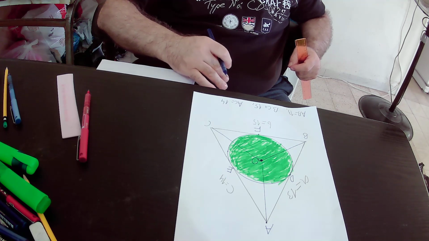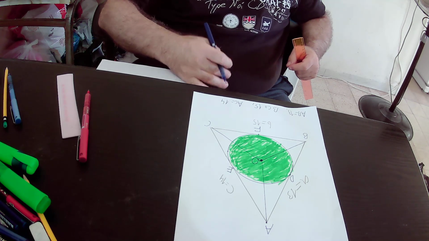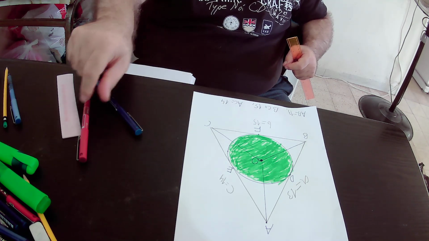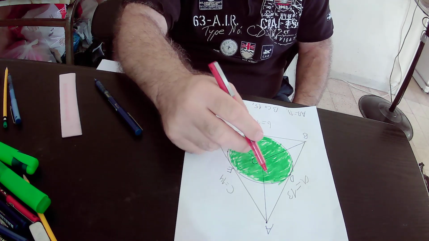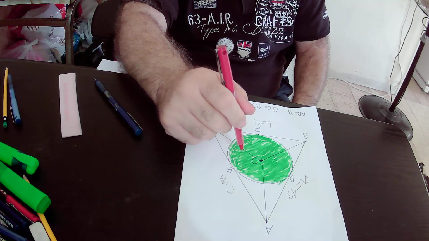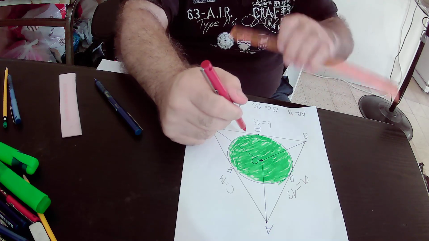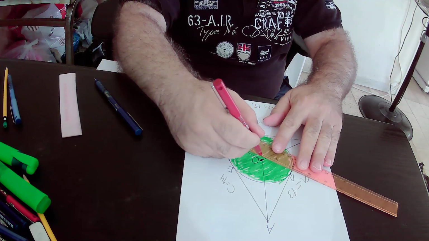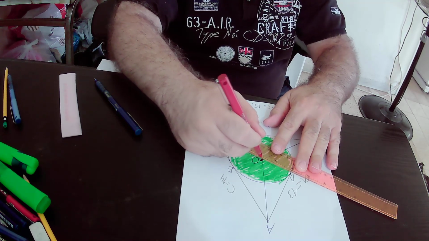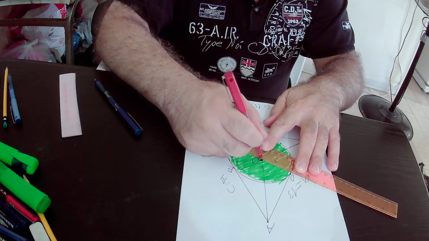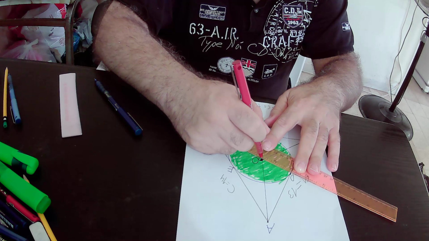In the next step we will draw three radiuses of the green circle that start from the center of the circle and touch the launch points of the circle, which are points D, E, and F. The first radius starts from point O and touches the launch point, point D.